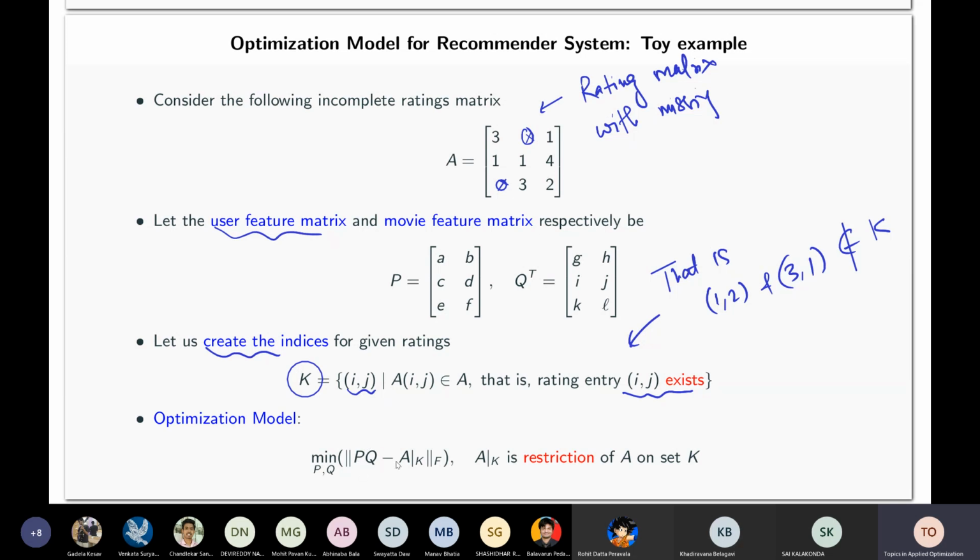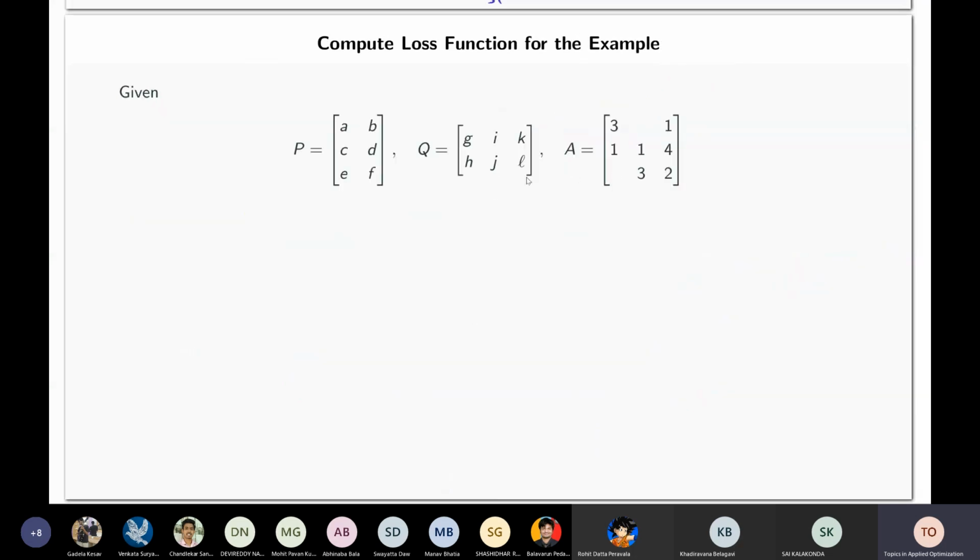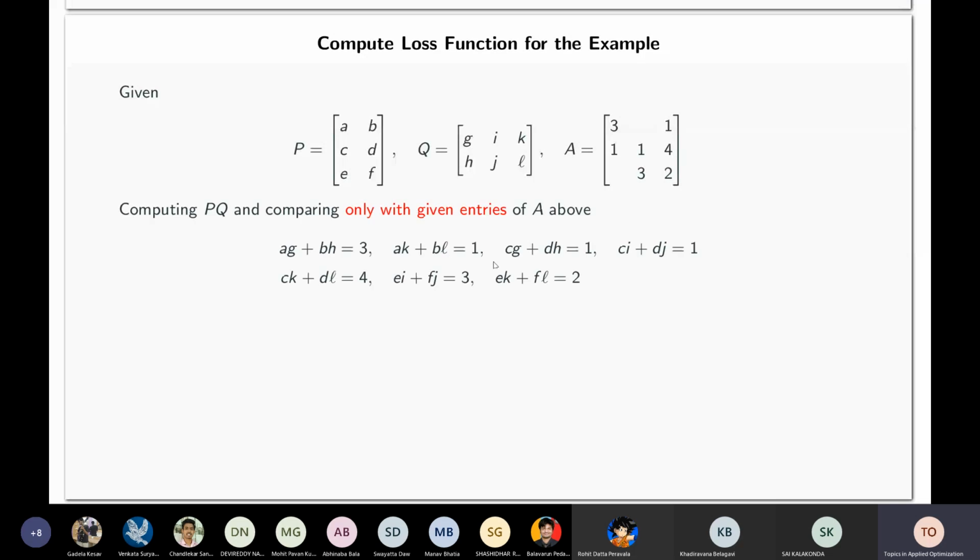So PQ minus A restricted to K. Only over those entries am I going to see the difference, and the Frobenius norm of that. I can minimize over P and Q. These are the unknowns. So this is the given problem.